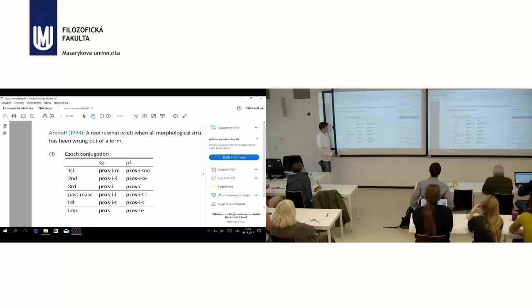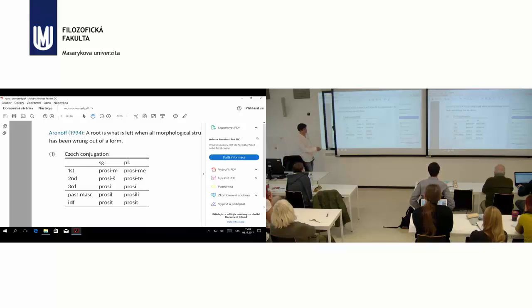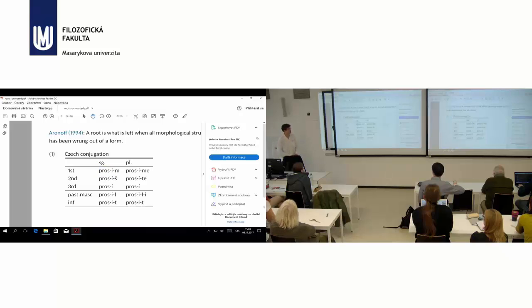Remember the first step was this one, and this is simply removing the person and number things. What is left when you remove the person and number, that's the stem. That's when you remove the productive morphology, the inflection. What you are left with is still bicomponential, as you can see with the comparison with the imperative and the past. And so people call this a stem.